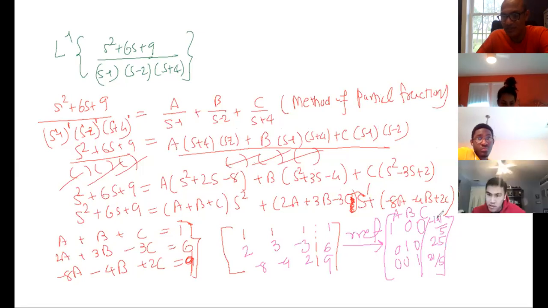I have -16 over 5 for the first one. Yeah, okay, that's right. And 25 over 6. Wait. I misread your 4 as a -9.